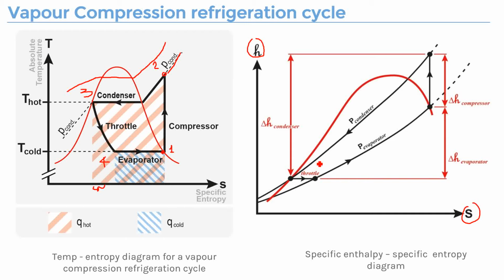But you don't need to worry too much about these different figures. First of all, you need to get this pH diagram quite correctly, just to make sure everyone knows how to use this one. Because I believe in your assignments, you need to use the pH diagram to solve some problems.